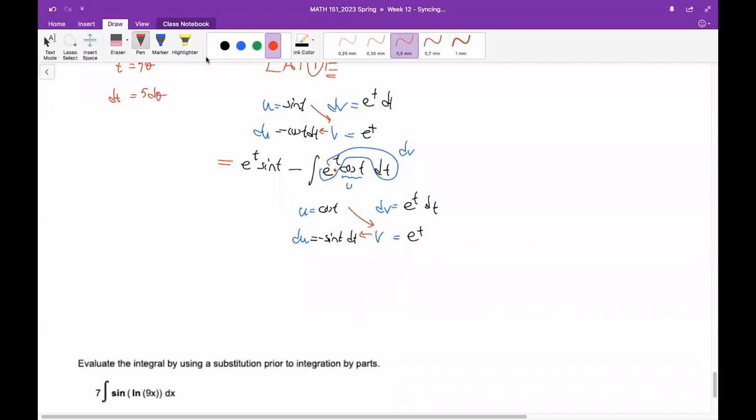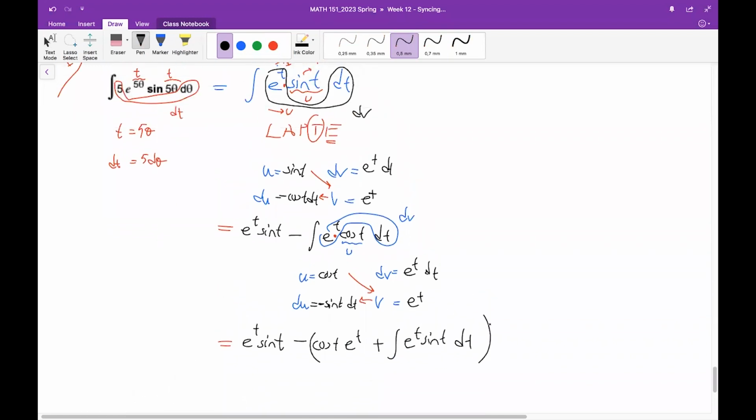Then what happens? I will be writing the result from the beginning: e to the power t sine t here. Minus this times this, right? Cosine t e to the power t minus the integral of this times this. Be careful, there's another minus here, so I will put here plus e to the power t sine t dt. Then what is happening here? We notice something.